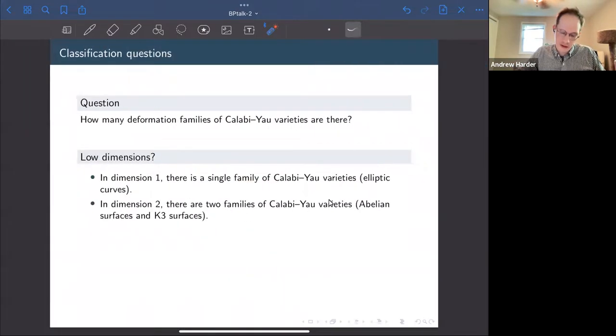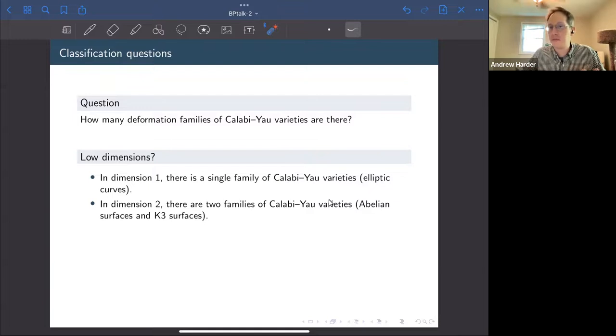And in dimension 2, there are two different deformation classes of Calabi-Yau varieties: abelian surfaces and K3 surfaces. When I say abelian surface, I assume algebraicity, but I could also relax my definition of Calabi-Yau a little bit and just say compact Kähler. In that case, I'd replace this with complex tori.